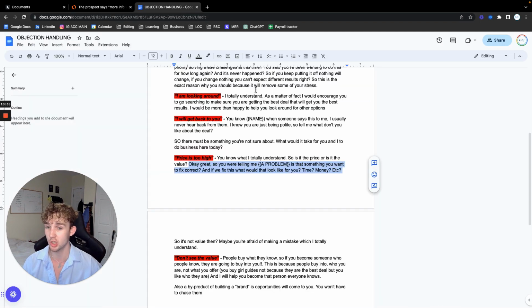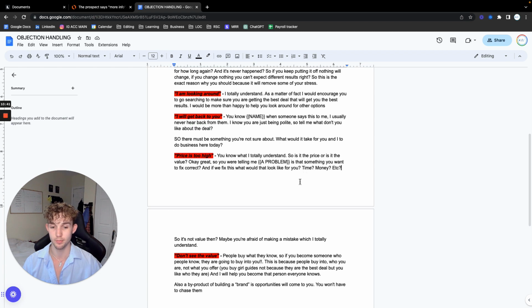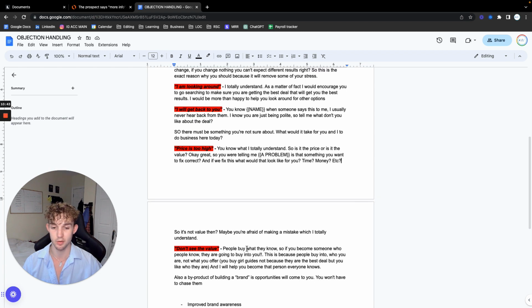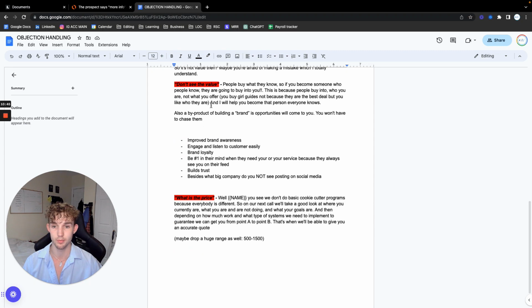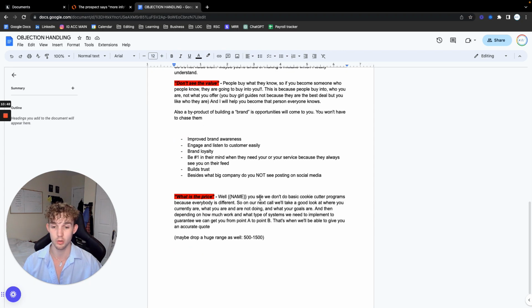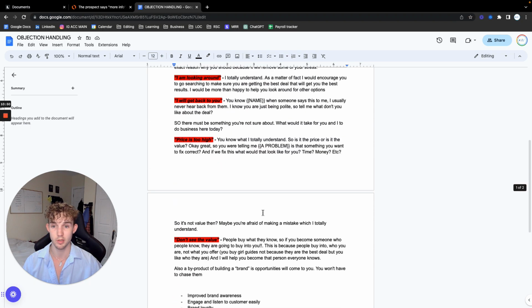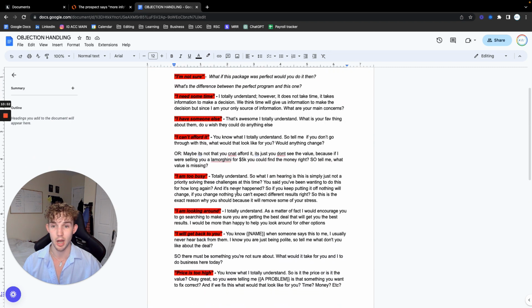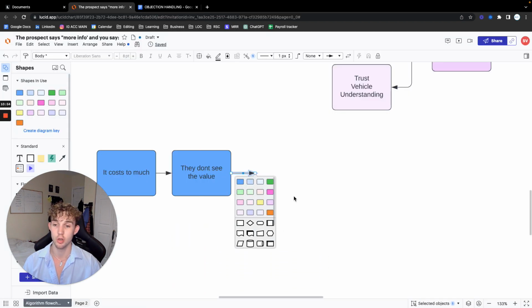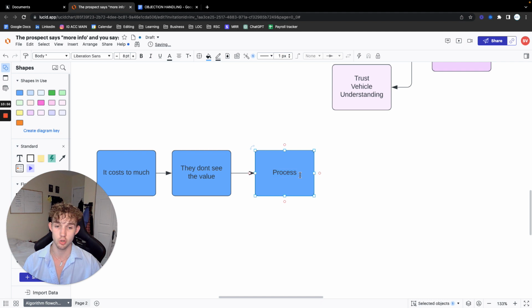And let's go back to this sheet. Okay, the price is too high. So basically, I don't see the value. Let's look. We're gonna read. Something about value. I think that a good question to handle it costs too much is hammering the problem.